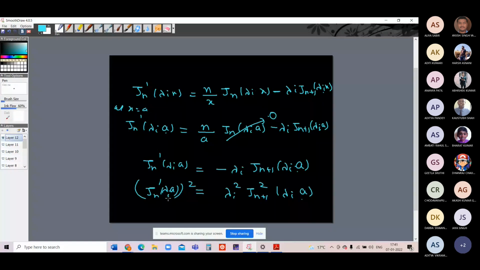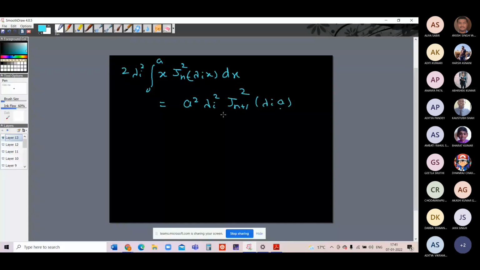Now substituting it in place in our previous integral, our integral will be 2 lambda i square integral from 0 to a of x Jn square of lambda i x dx is equal to a square lambda i square Jn plus 1 square lambda i a.